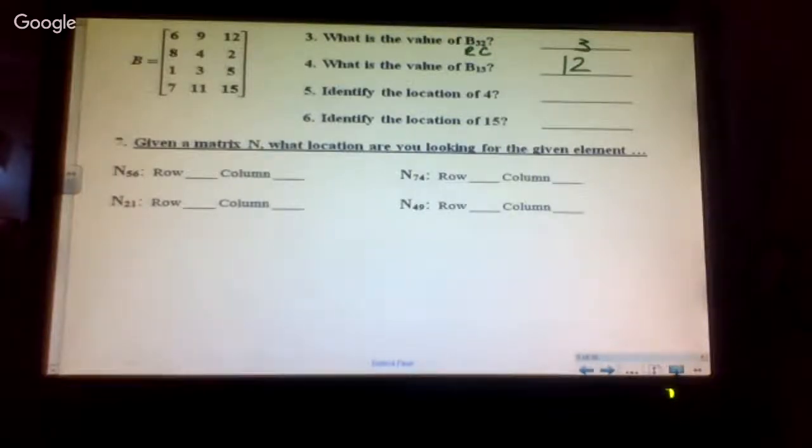Row 2, column 2, B sub 2,2. Oh, I put the row in the column. B22. It's called B because your matrix is called B. Identify the location of the number 15. 4,3. Good. B sub 4,3.